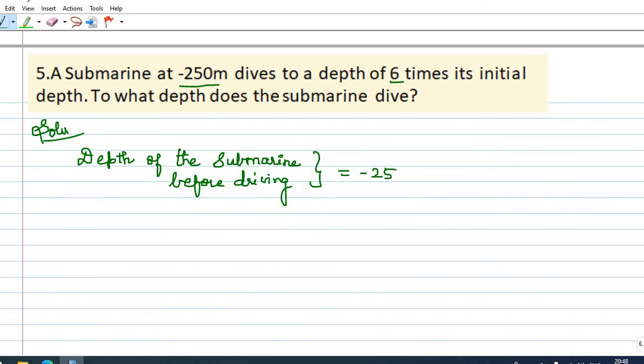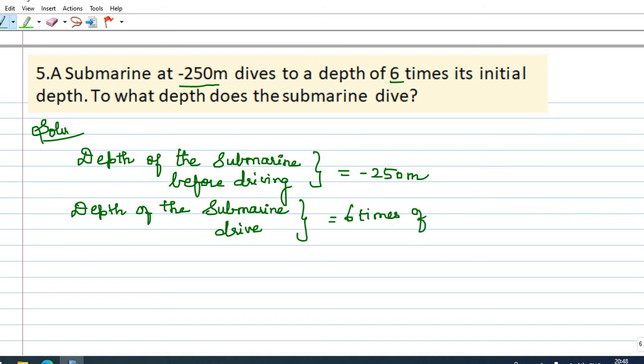Minus 250 meter. Now I am going to find out depth of the submarine dive is equal to 6 times of minus 250.